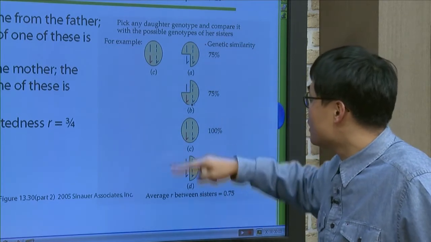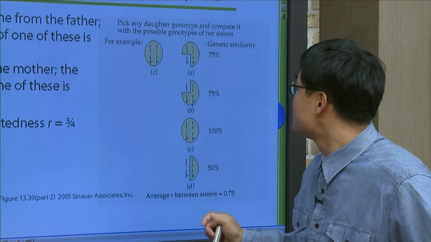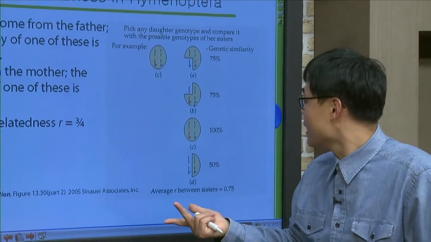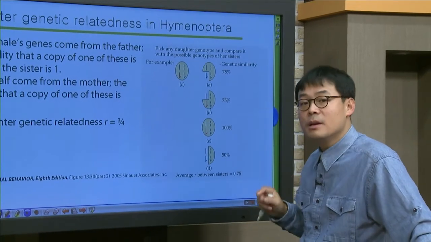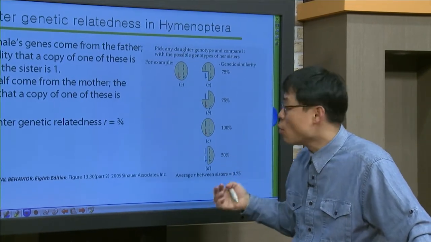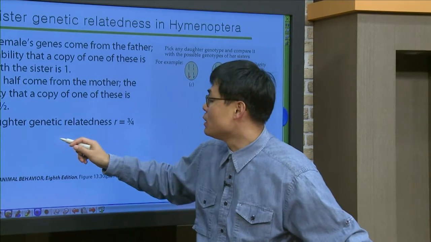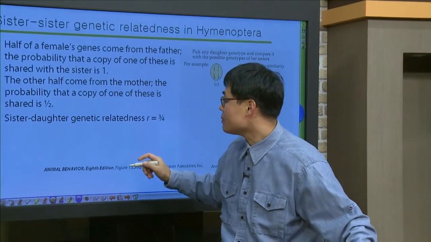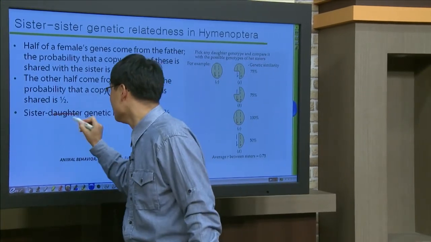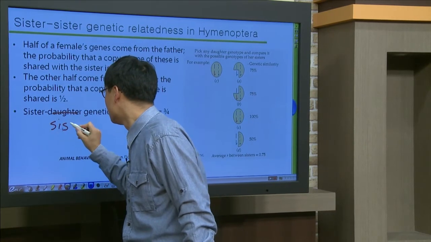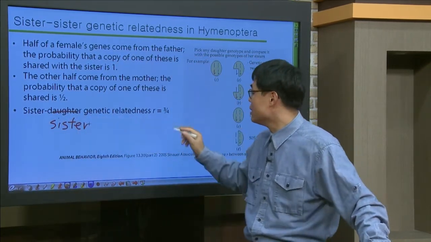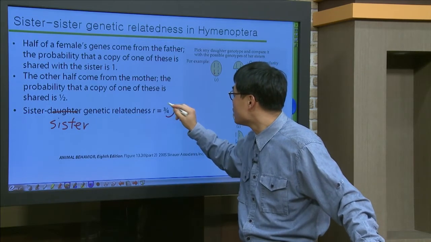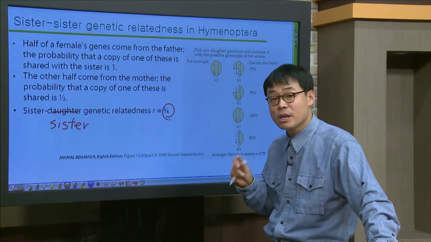If you average all these 4, it becomes 75%, the genetic relatedness between sisters. Sister genetic relatedness is 3/4, okay? It's 3/4.